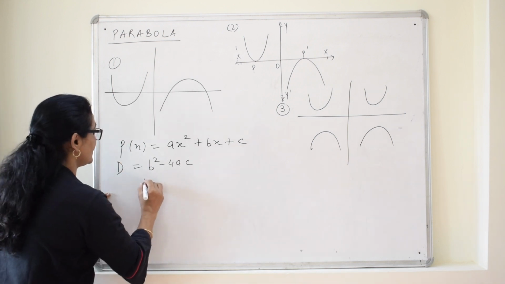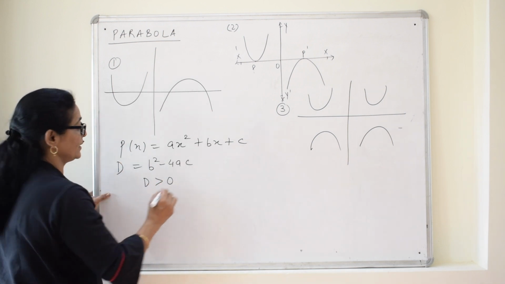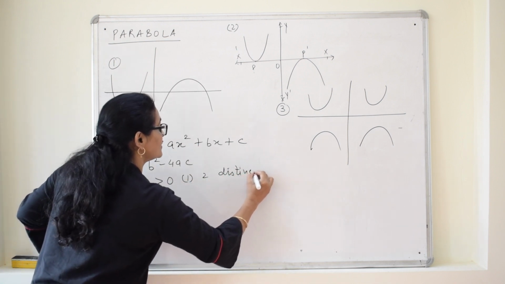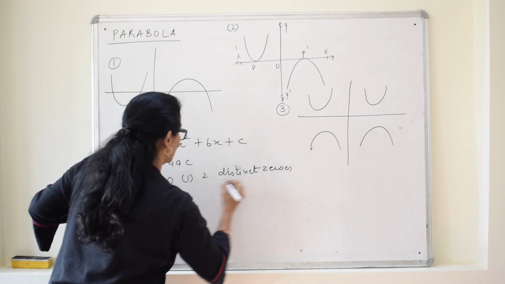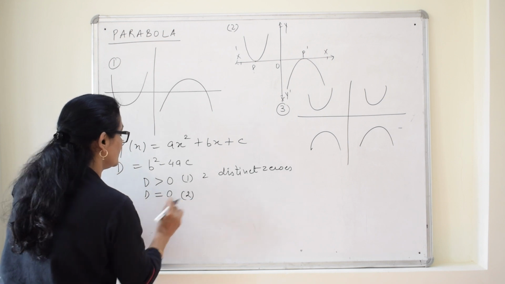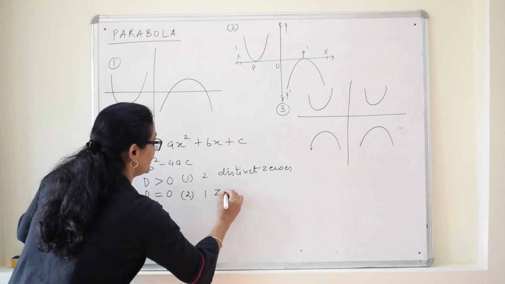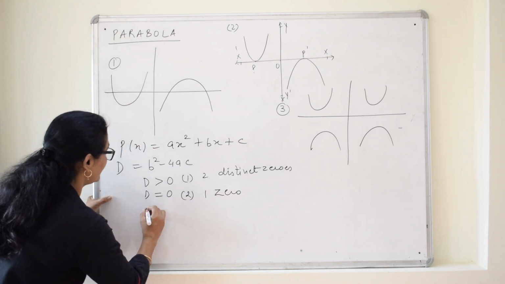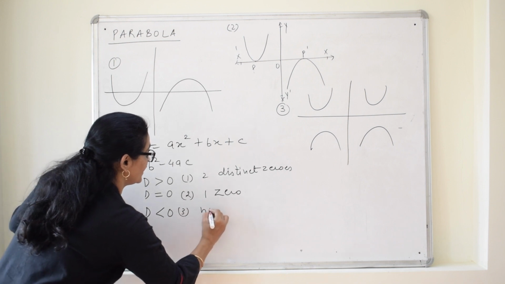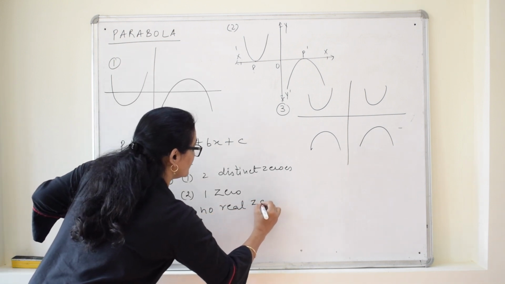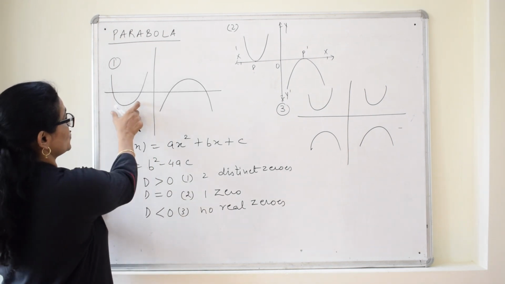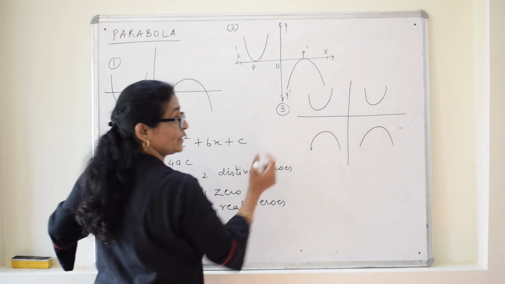When this D is greater than 0, in that case we can have 2 distinct zeros. And second, when D is equal to 0, in this case only 1 zero, and when D is less than 0, this is the third case when the parabola will not have any real zeros. So these are 3 cases, 2 distinct, 1 same, and no real zeros.